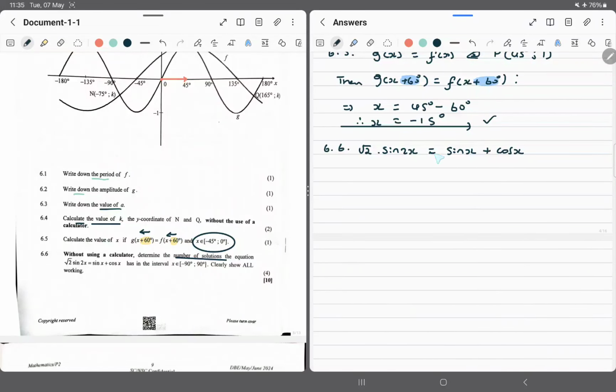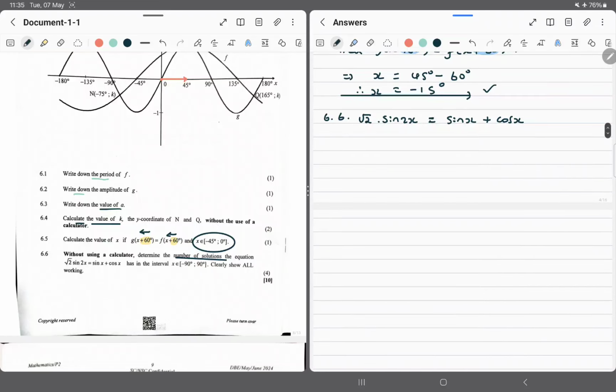So we need the number. Can you see? They didn't say what are those solutions, but how many are they? Between minus 90 and 90. Clearly show all the workings.